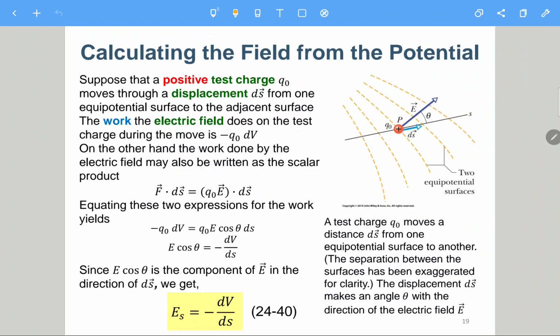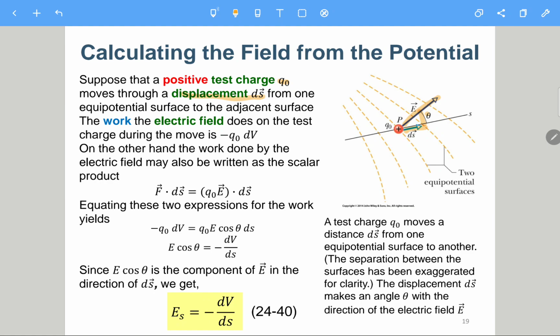So next we consider another property. Suppose that a positive test charge Q0 moves through a displacement ds in an E field pointing to this side, and the angle between them is theta.